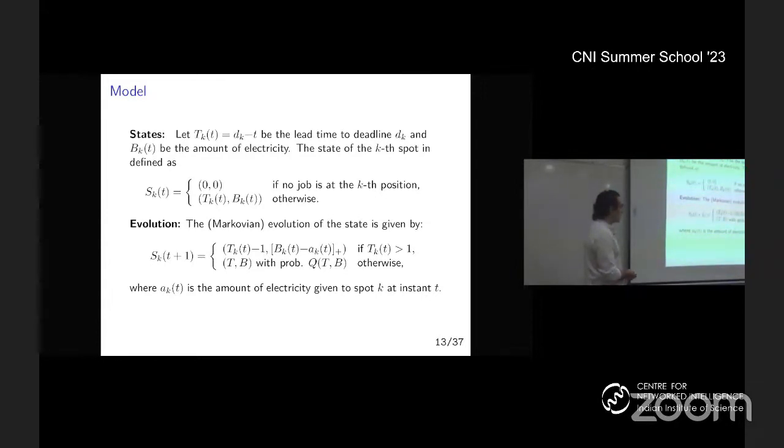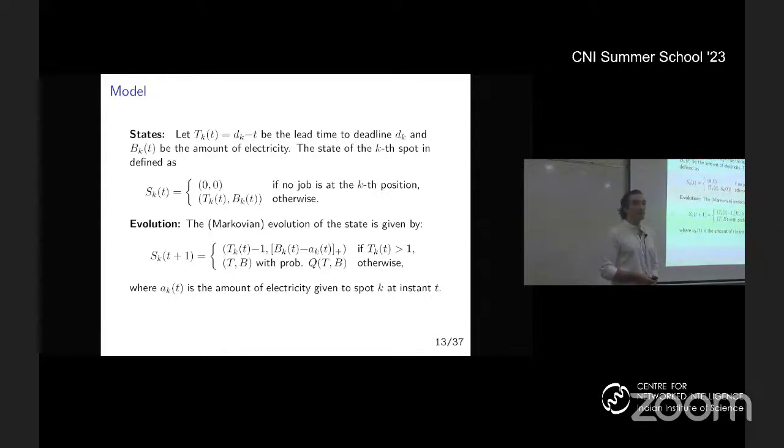Just remember that AkT is the amount of electricity given to spot k at instant T, and Ak is actually your action. So you see that you have to allocate really smartly the electricity among the different spots to be sure that you're able to respect the deadline.